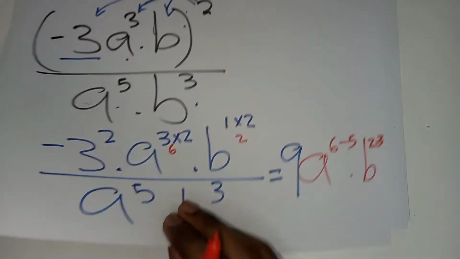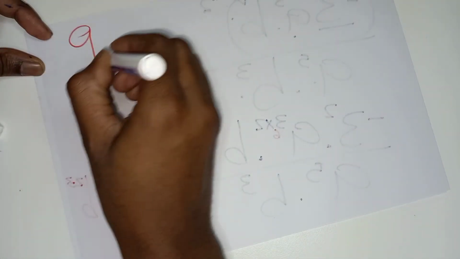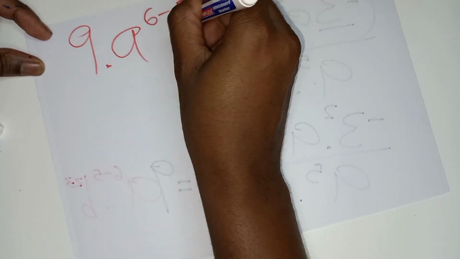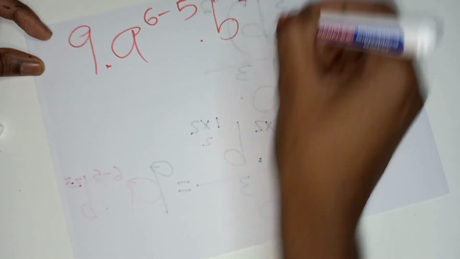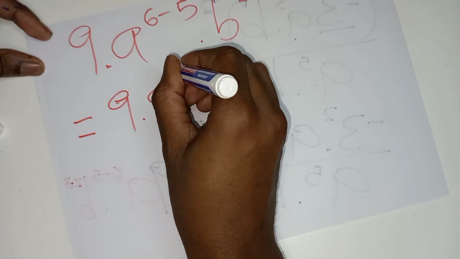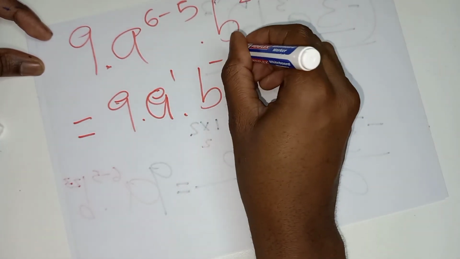So the simplification of this is going to be 9 times a to the exponent of 6 minus 5 times b to the exponent of 2 minus 3. This becomes 9 times a to the 1 times b to the negative 1.